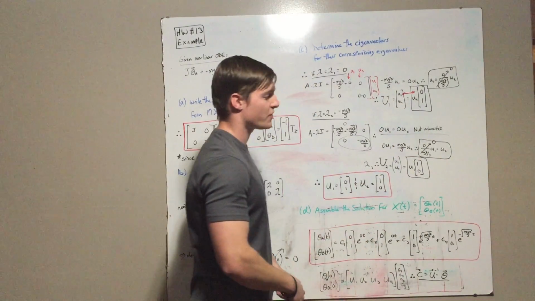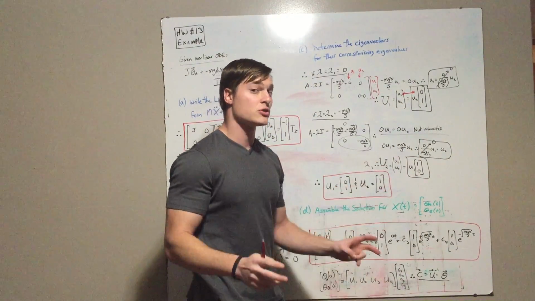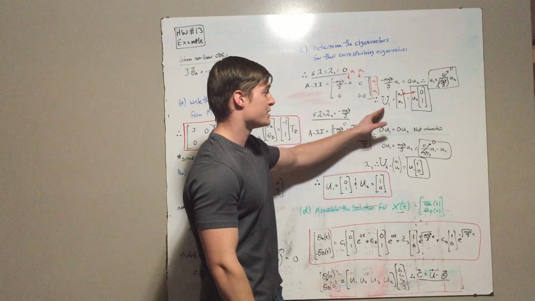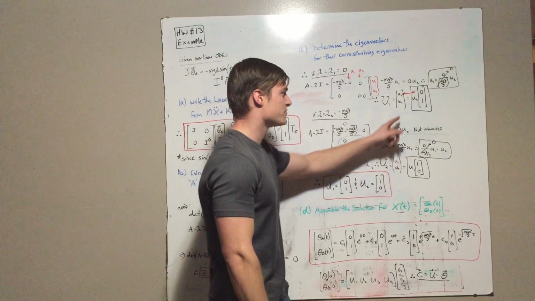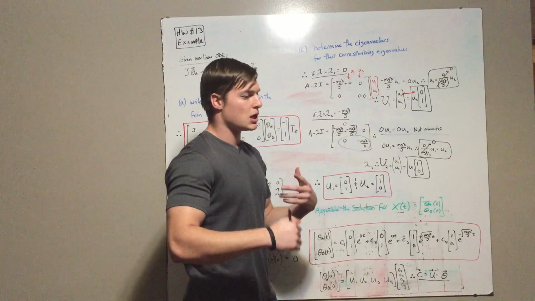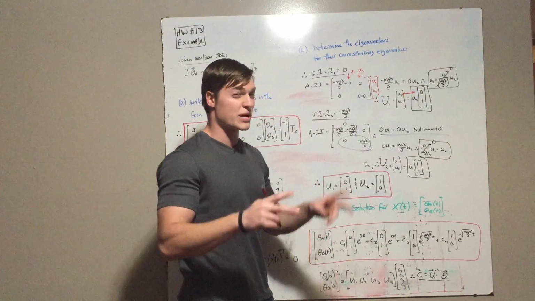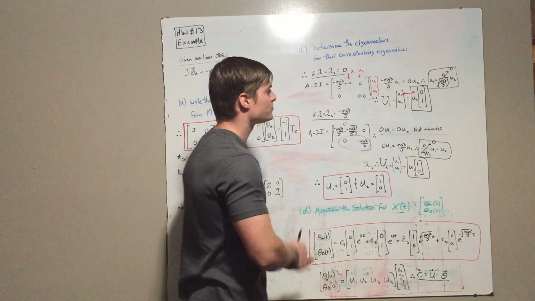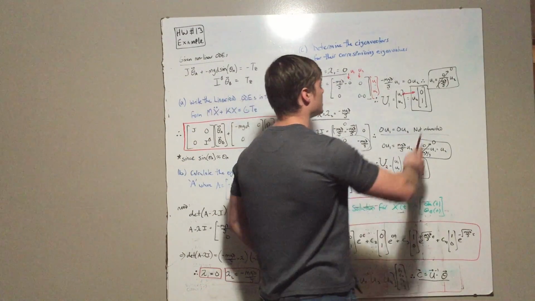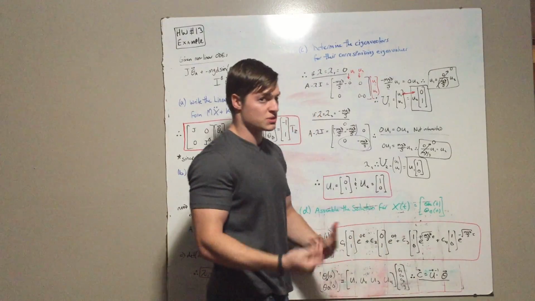So in order to find the eigenvector for the system, it's usually denoted by this big capital U, which is comprised of these little U1s and U2s. Usually what you want to do is find the ratio of these two things. So the question is, how do I relate U1 to U2? How do I get one in terms of the other?